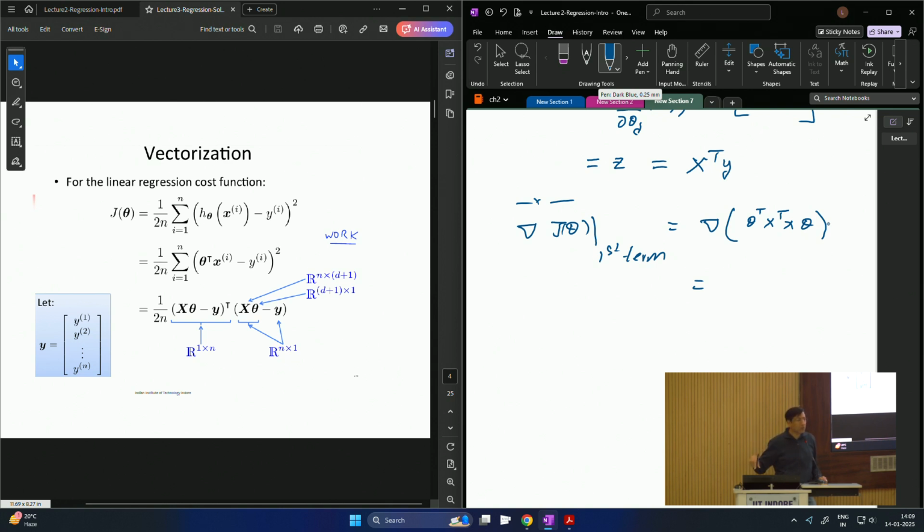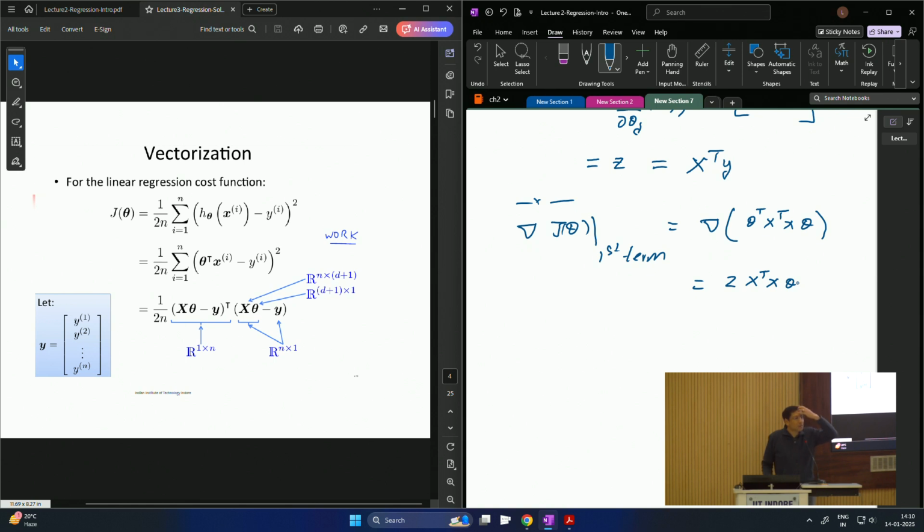Okay, I'll show you the homework where it's worked out. So what you get is 2 times x transpose x theta. This is what you will get. You will follow the same steps like I did for the second term, except that you do it for a smaller 2 cross 2 matrix. First do that, and then you can generalize it for an n cross n matrix. Or in this case, x transpose x, what's the dimension of x transpose x?